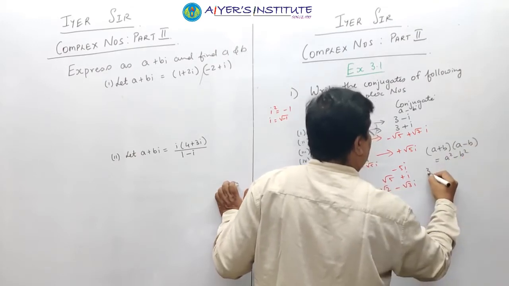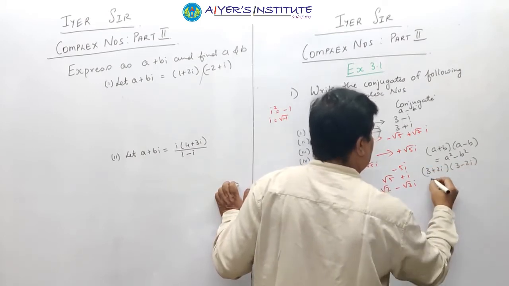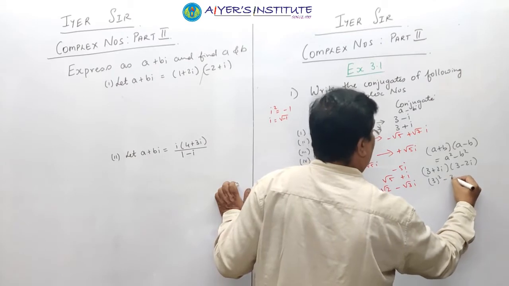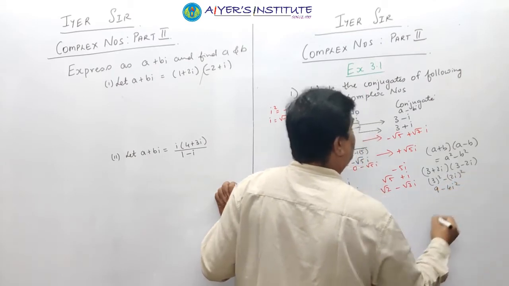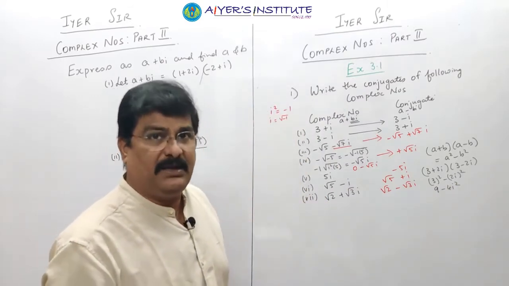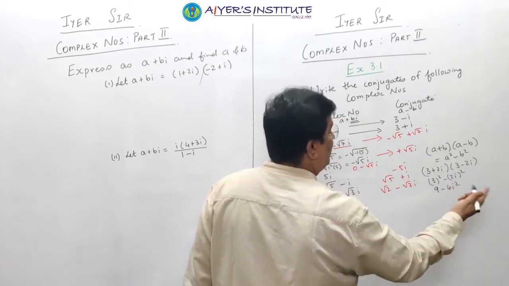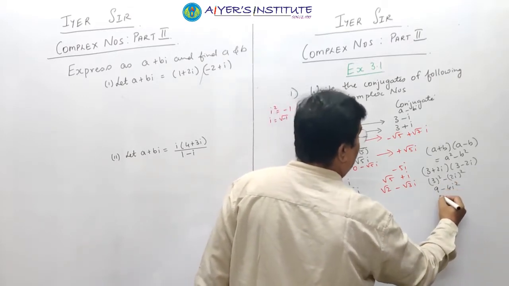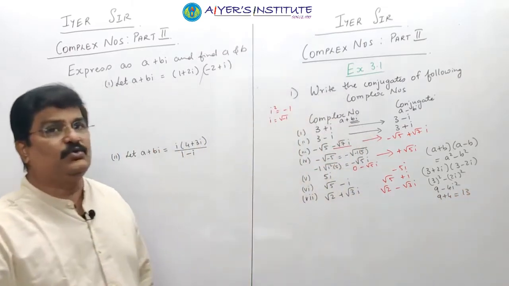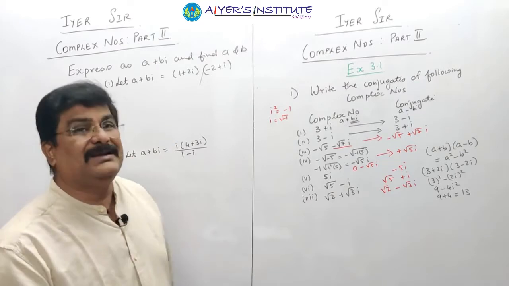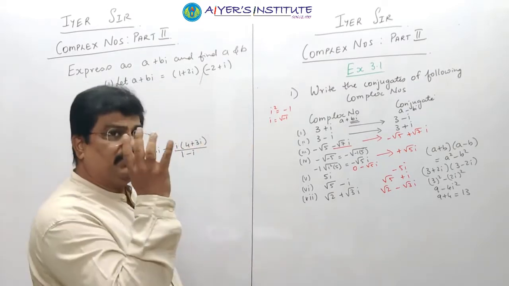So if I have 3 plus 2i into 3 minus 2i, this will become 3 square minus 2i the whole square, 9 minus 4i square. The value of i square is -1, so when we put -1, minus 4 times minus 1 becomes plus 4. So this will become 9 plus 4, so it will become 13. So the main usage of complex conjugate is normally to rationalize the denominator. So this finished the first sum.